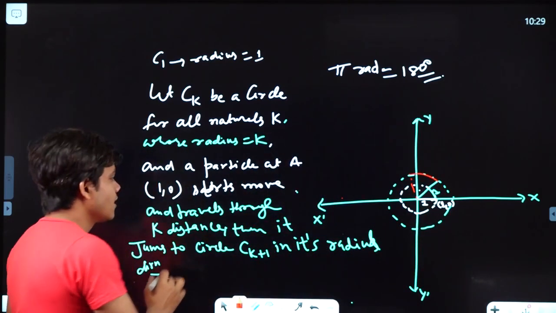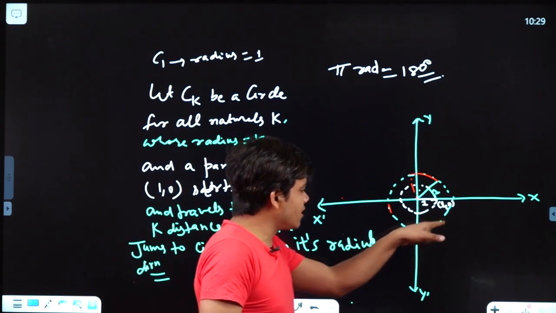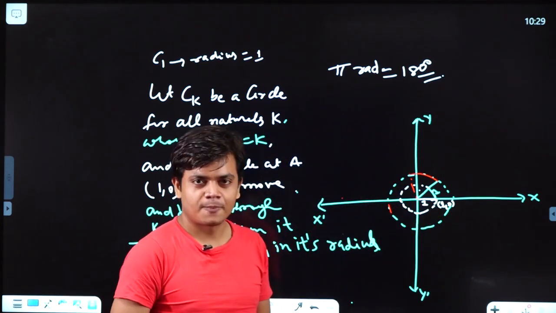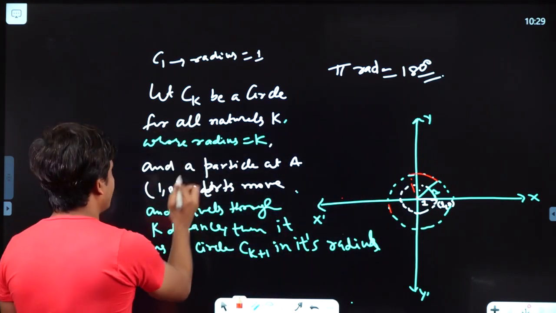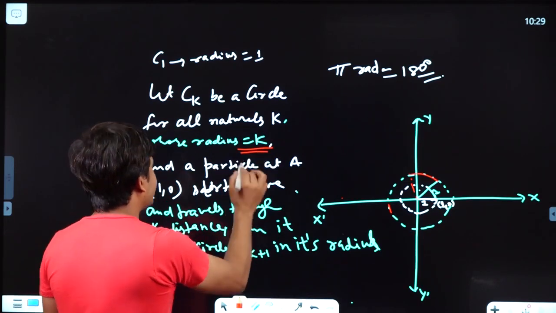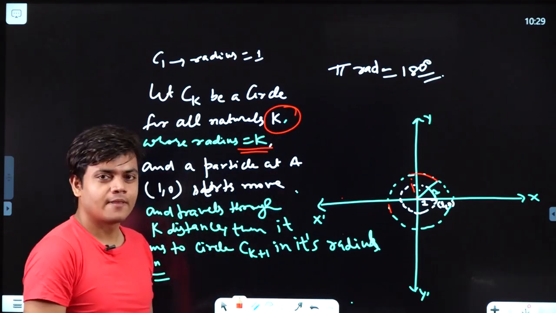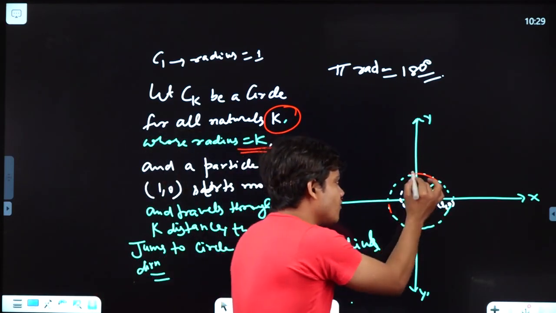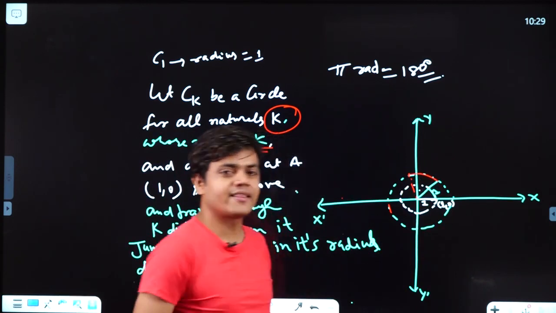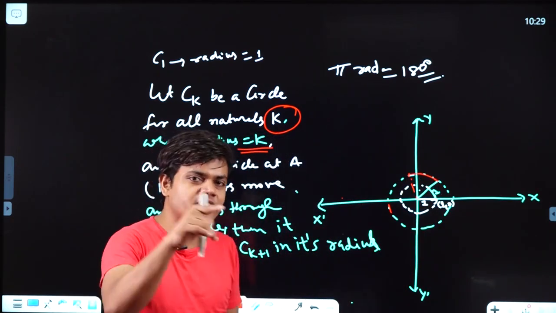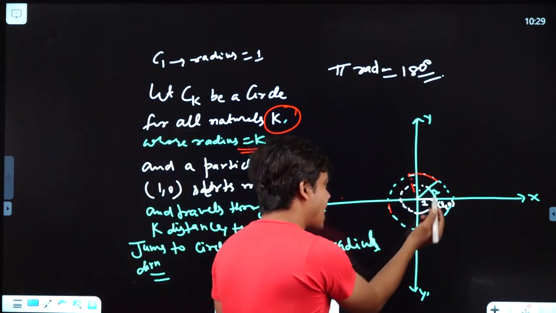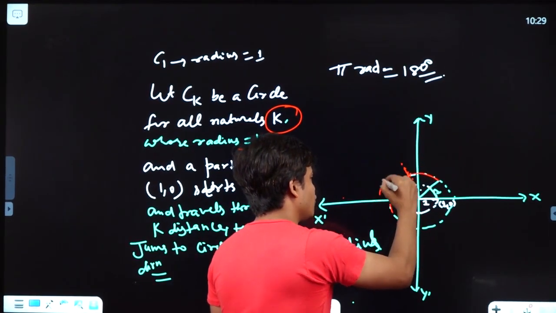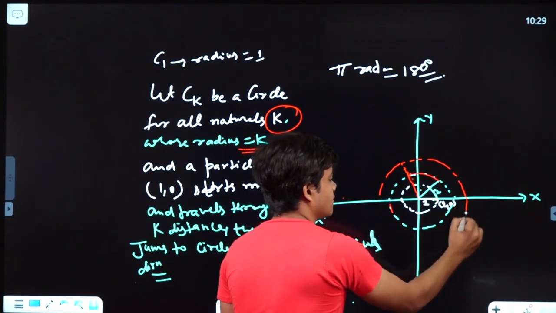Why? Because now this circle is of radius 2 units. If your circle is C_K, then its radius is K. So if the radius of the circle is 2, then the particle will move up to 2 units and then stop, and again it will change its direction in the radial direction, in this direction, and you will get your circle like this.